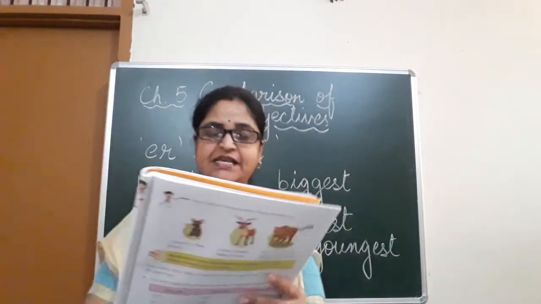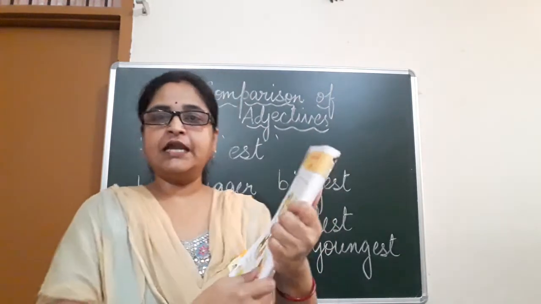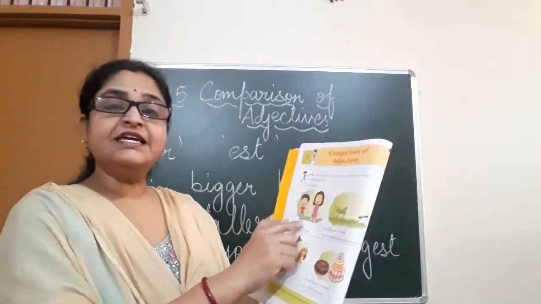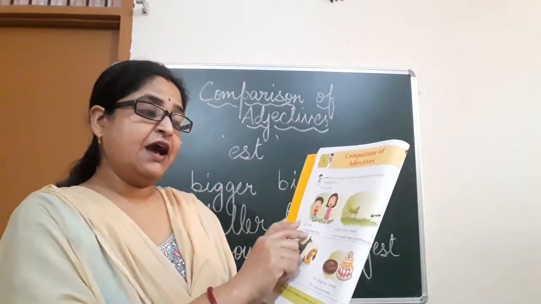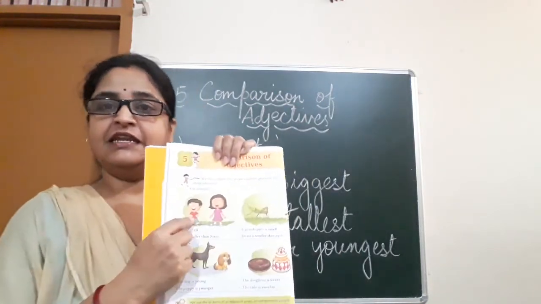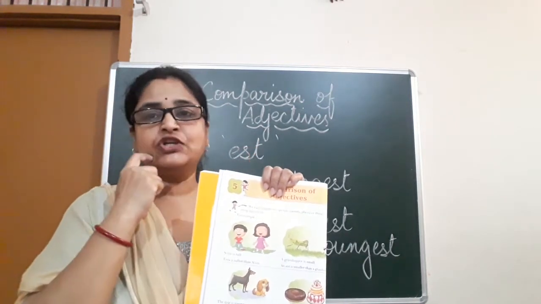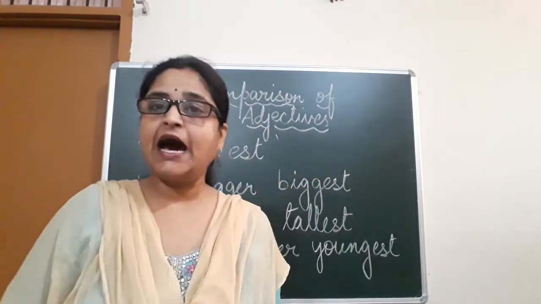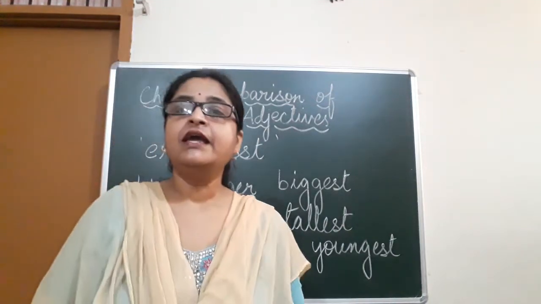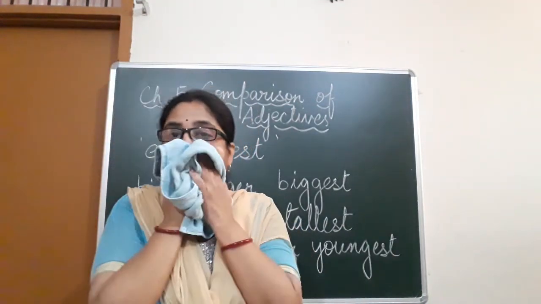A few examples are given in your book also. Go through the book. The picture is saying Nitin is tall, and Tina is taller than Nitin. Nitin is tall, but Tina is taller than Nitin. So when we add ER to an adjective, it becomes a comparison of adjectives.